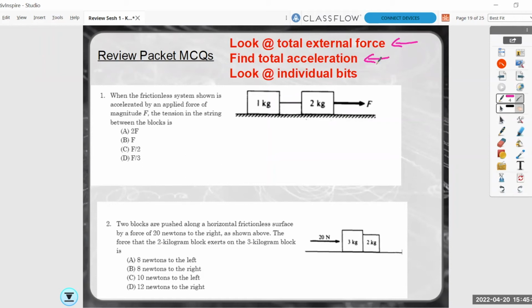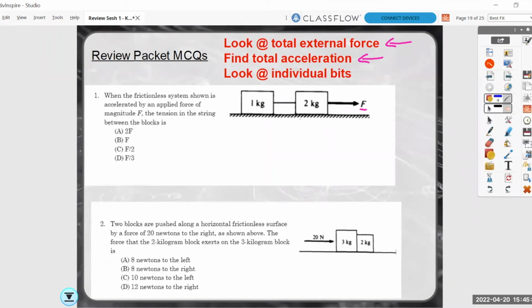Let's take this first one as an example. We're pulling this system with a force F. There's a string and two blocks. Let's ignore the string in the middle. We've got a 1 kilogram and a 2 kilogram.